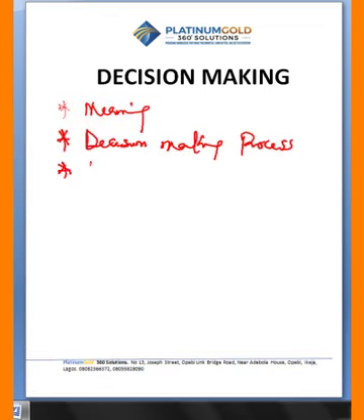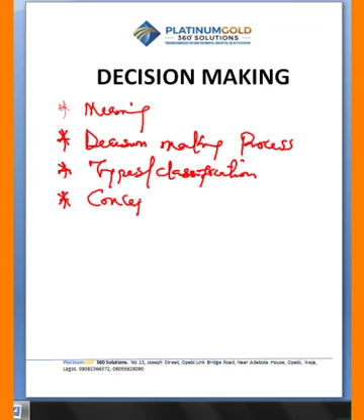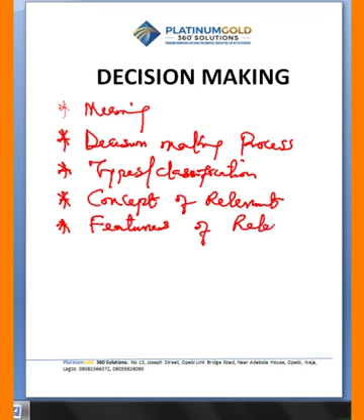We'll also look at the types or classification of decisions. Then we look at the concept of relevant cost. Having discussed that, we'll move to the features of a relevant cost.